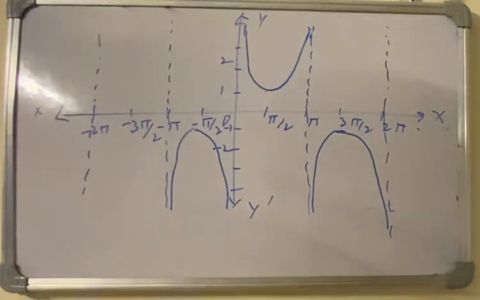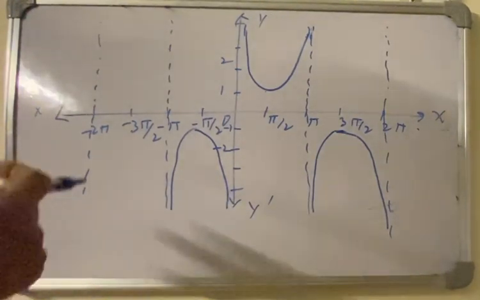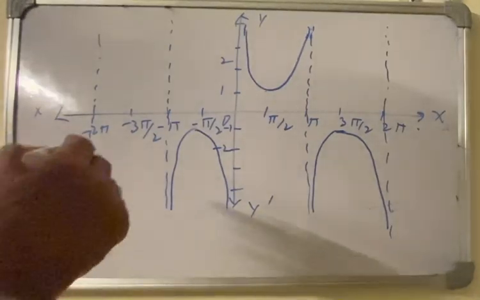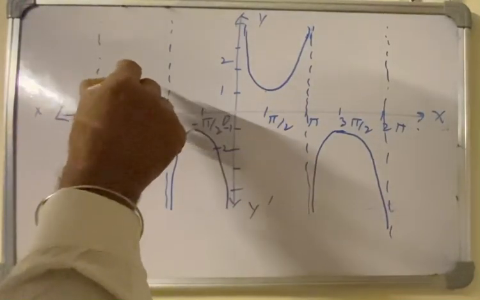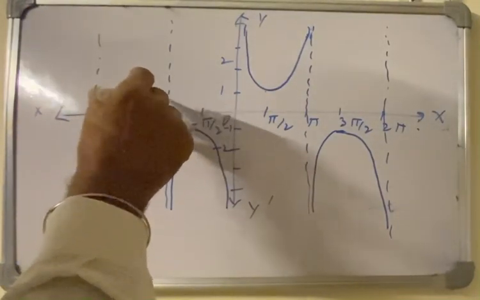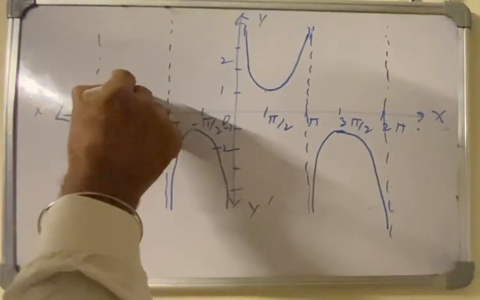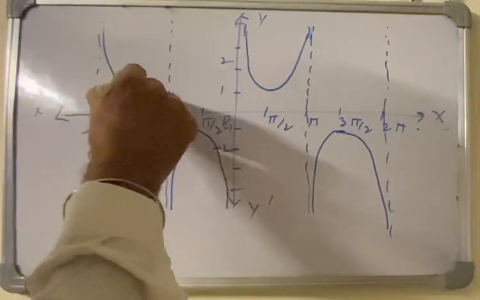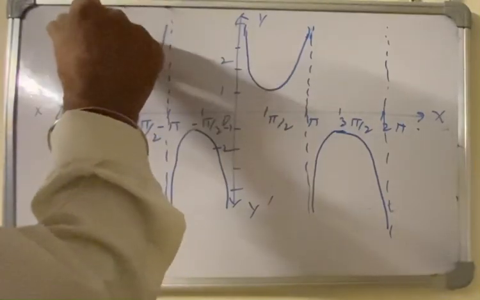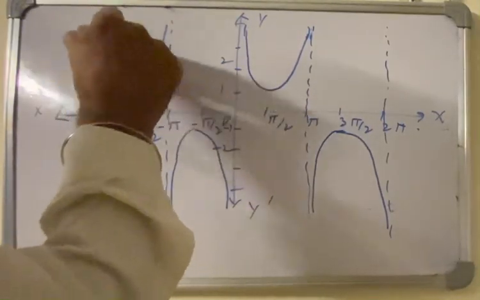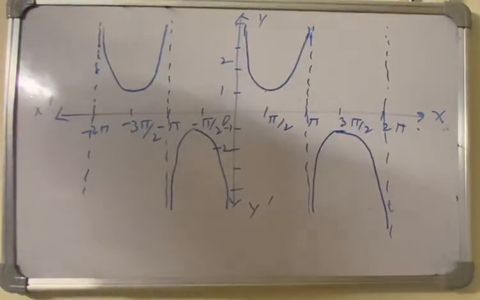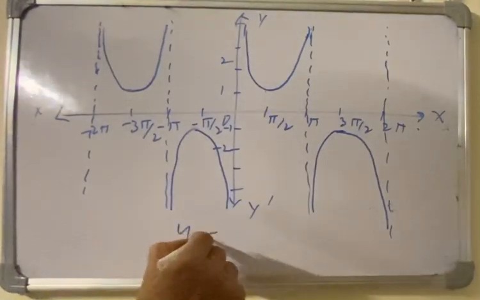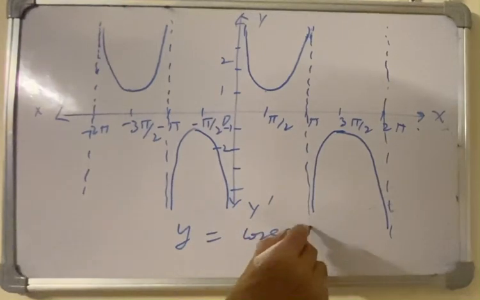Then at minus 3 pi by 2, cosecant is 1. So it goes in this way. It goes to infinity. So this is the graph of y is equal to cosecant x.